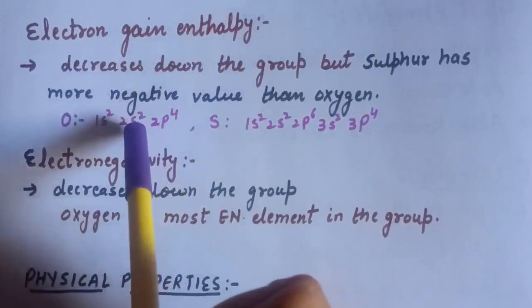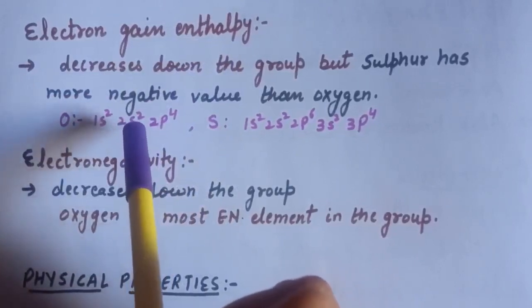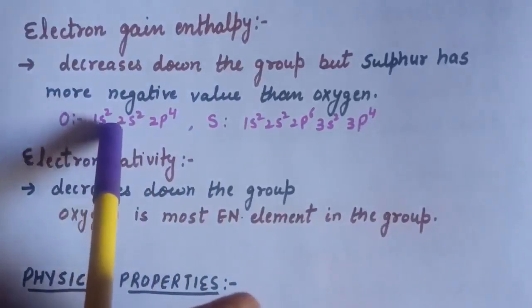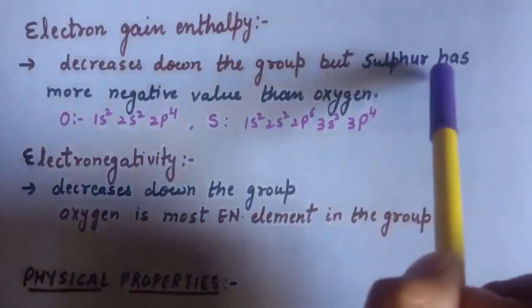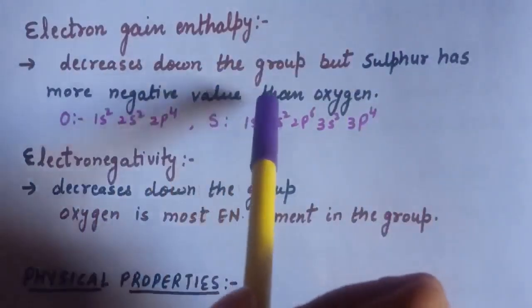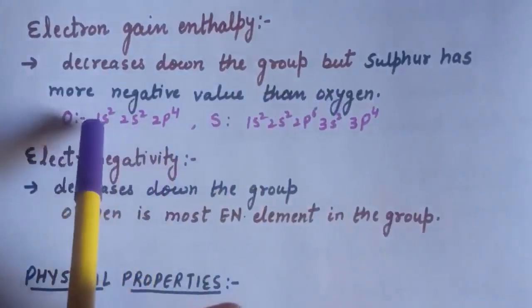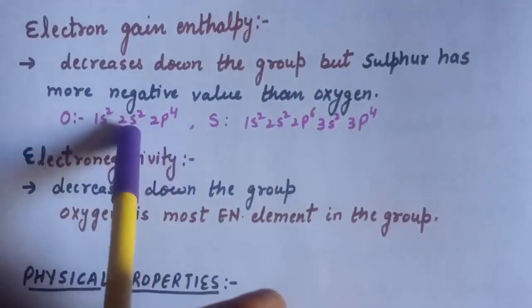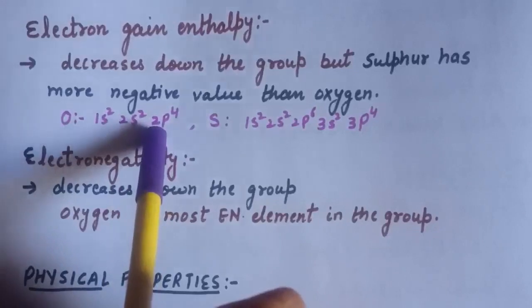But when we compare the electron gain enthalpy of group 16 elements, it is found that oxygen has the least negative value among all the group members, and sulfur has a more negative value than oxygen. The reason is that oxygen is smaller in size, and due to the small size of the 2p orbital, it is difficult to add an electron in oxygen.